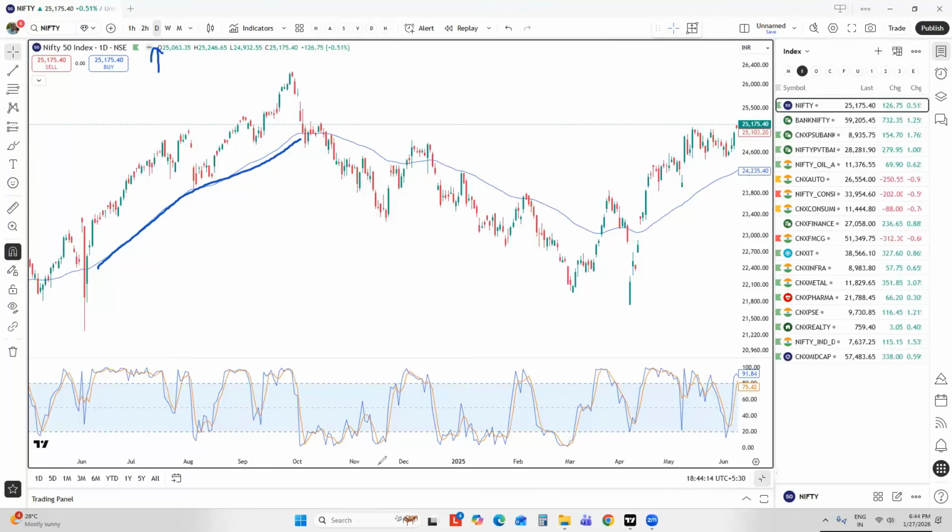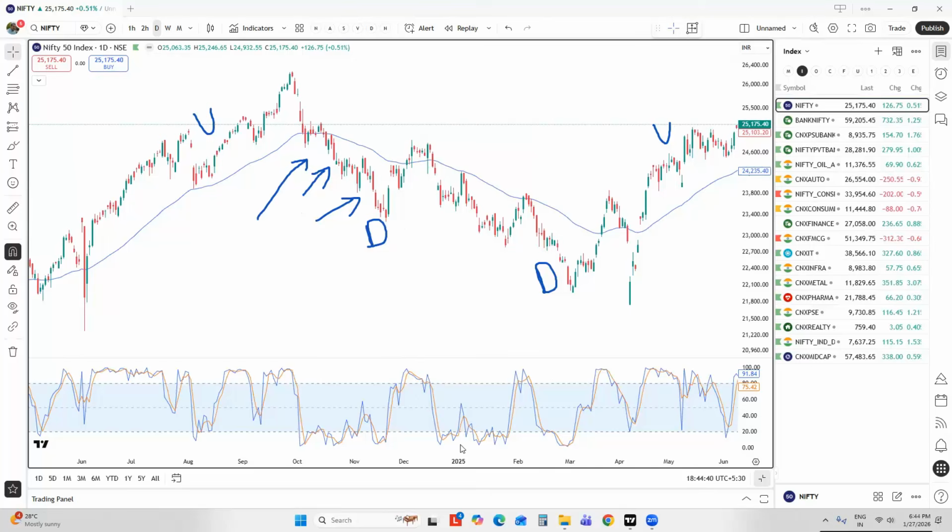If you are a swing trader, you will be using the daily chart, and as long as the price is trading above the 55 EMA, it is in an uptrend. As soon as price starts closing below the 55 EMA, it is in a downtrend. So this is a downtrend. This is an uptrend. This is a downtrend, and over here we are in an uptrend.